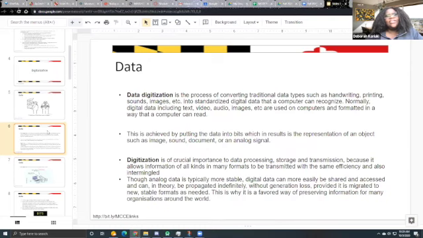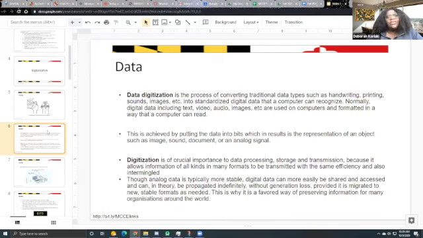So data digitalization is the process of converting traditional data types, such as handwritten, printing, sounds, images, to standardized digital data that a computer can recognize.